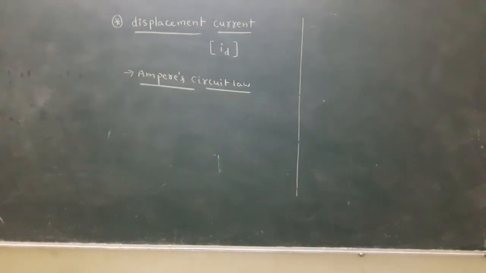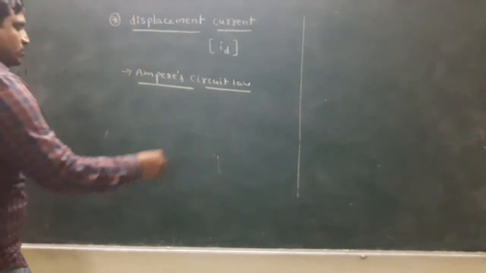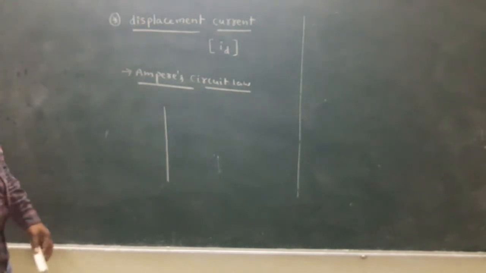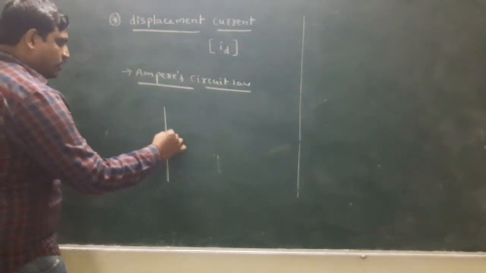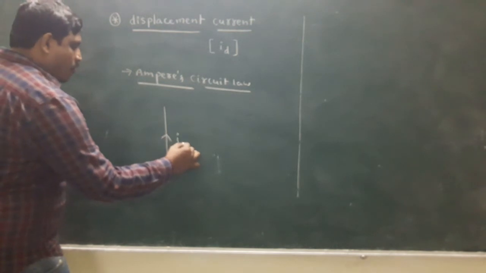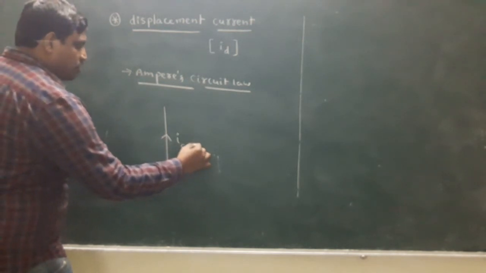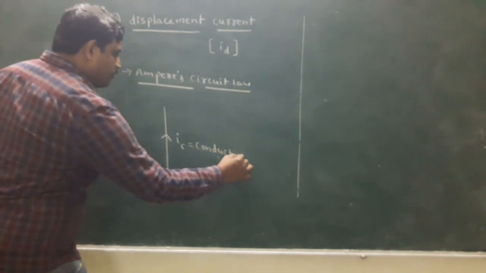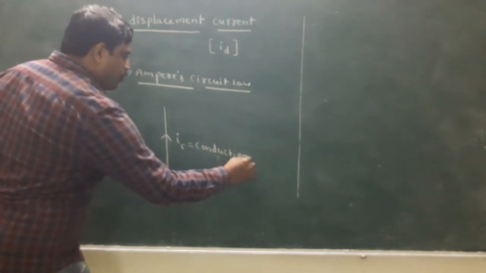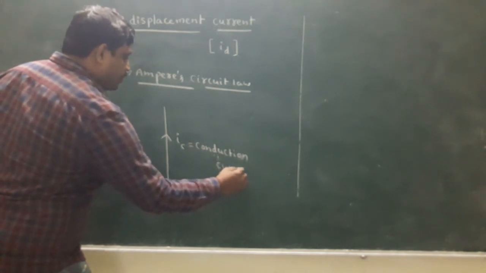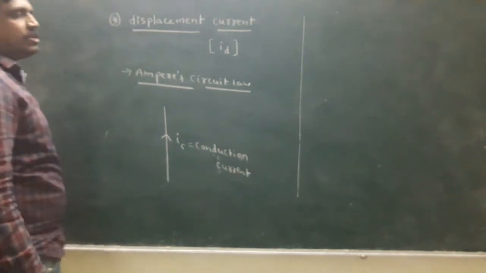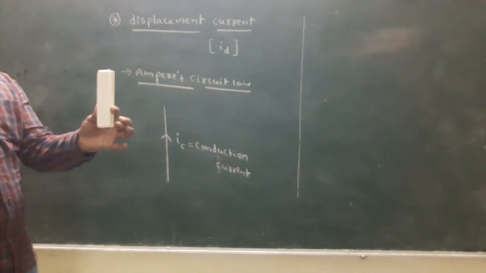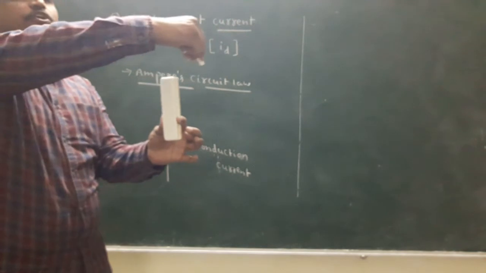Circuit law. Look here. This is the current carrying wire. The wire carries a current I. This is IC. IC is called conduction current. According to Oersted's experiment, a current carrying wire produces a magnetic field.